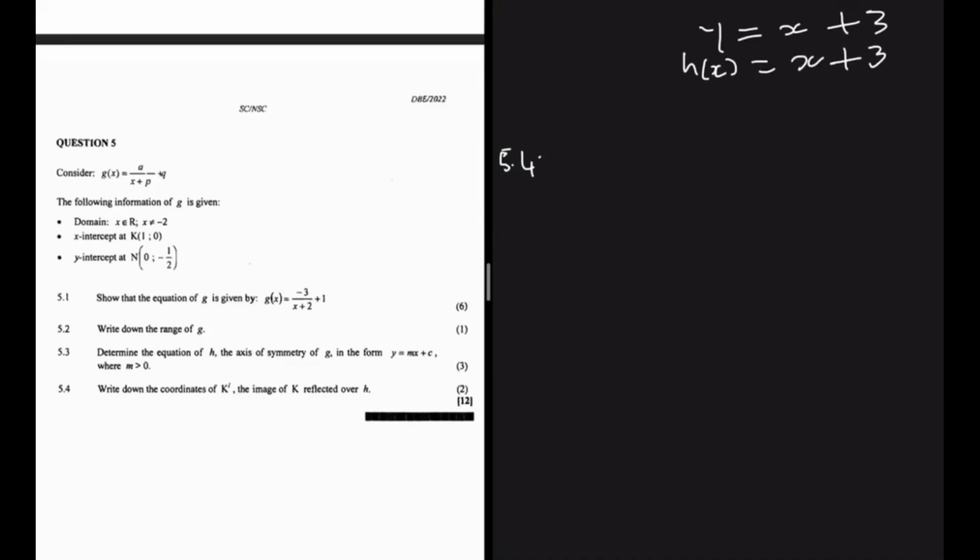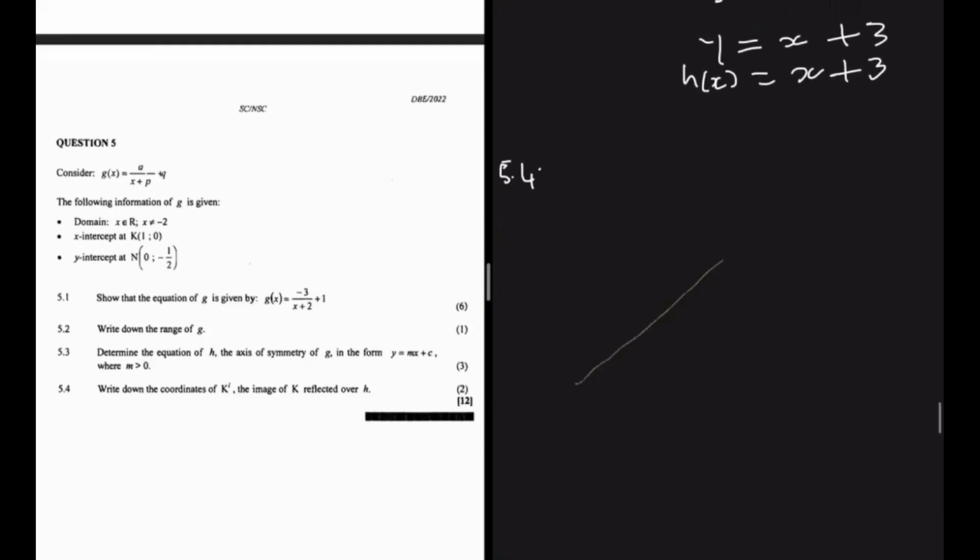So we know that we have some axis of symmetry that is positive, so it's going up, right? And then we have our point k, and we're supposed to determine k' with that notation on top. So we're just going to call this k' here, k subscribe, because you all need to subscribe to the channel. So let's call it subscribe.